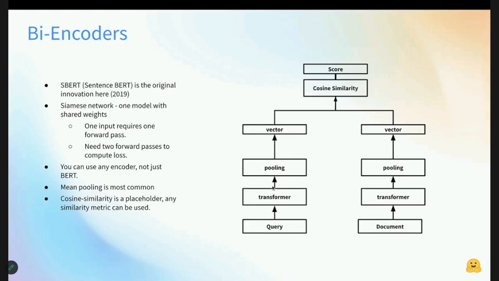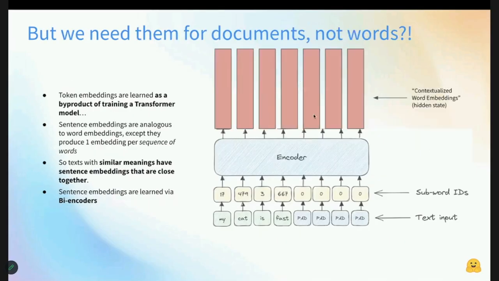And so you see that we have what's called a Siamese network. So we have two pathways in this network. Your query string and a document string go through a transformer. And then there's a pooling operation that does mean pooling, so it averages down all of these contextualized word embeddings.